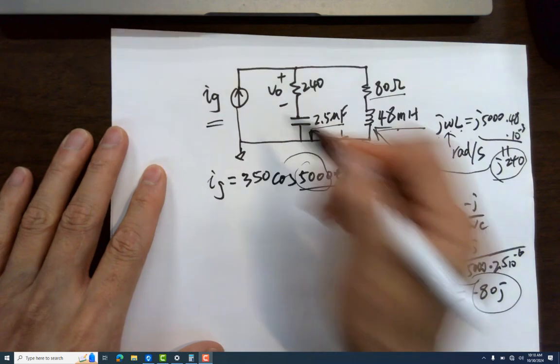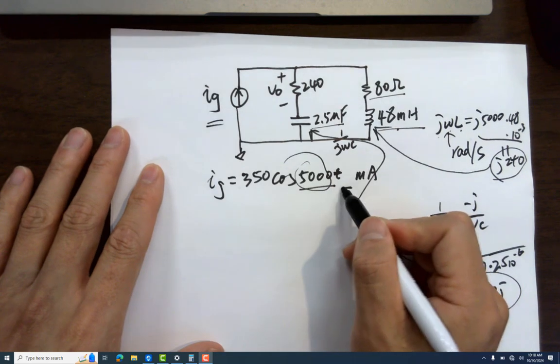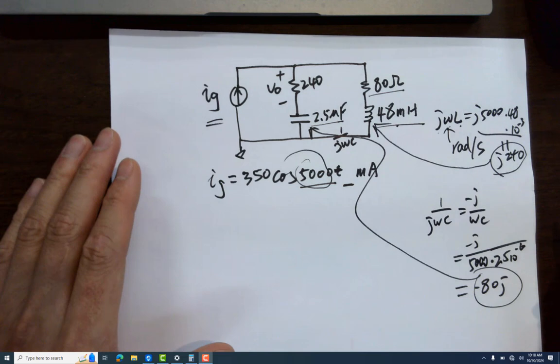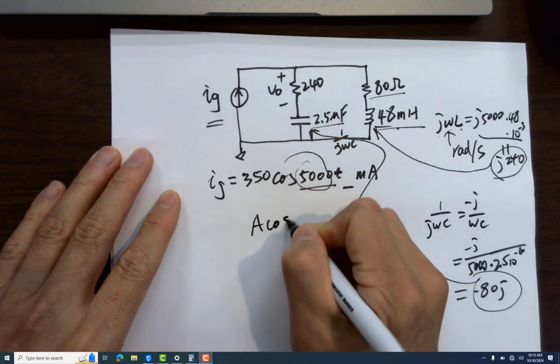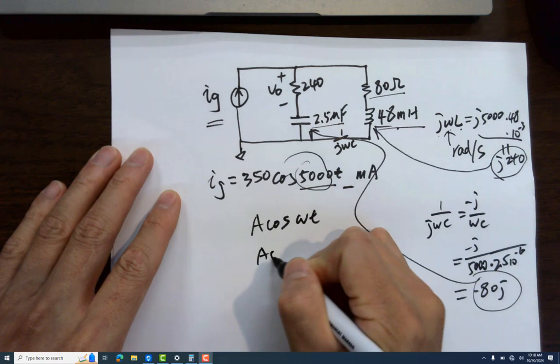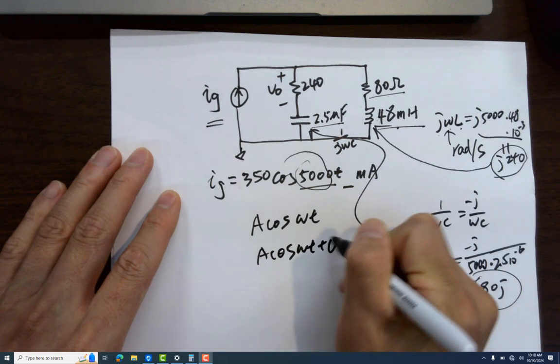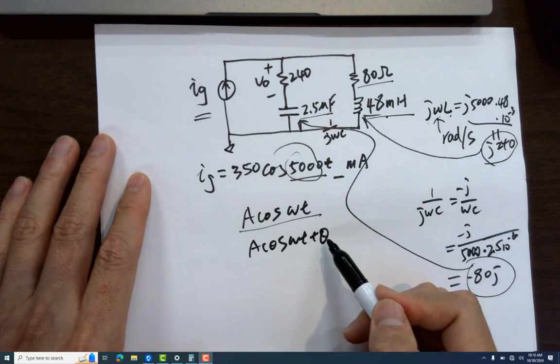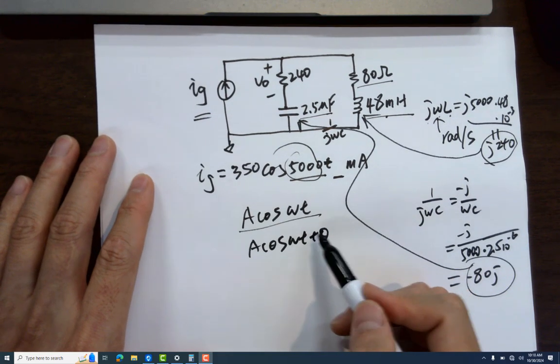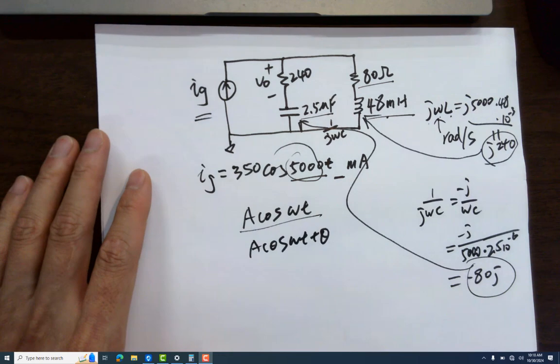So how to do it? First, Ig: does it have an angle or not? Is there a phase shift? Is this just A cosine omega t, or is it A cosine omega t plus theta? First one. So no phase shift, right? It's a standard form.